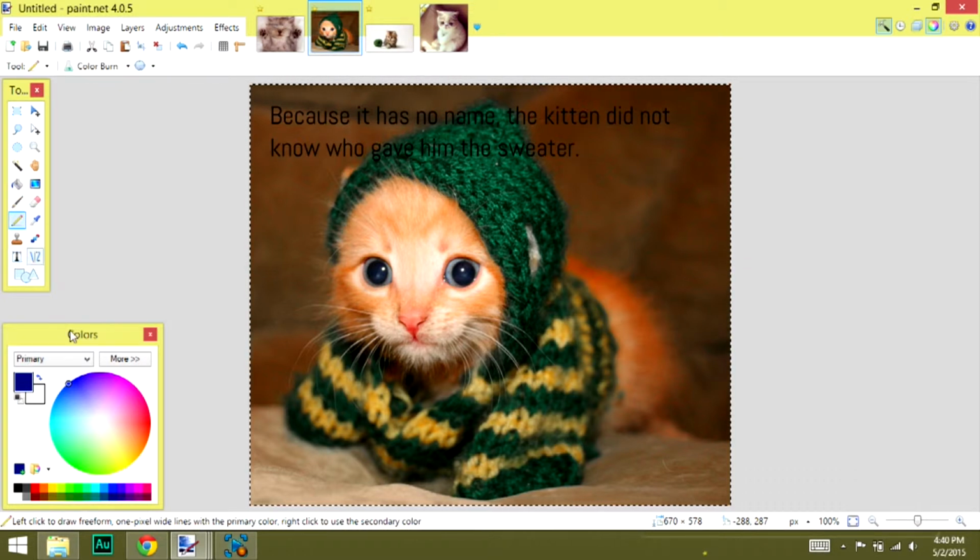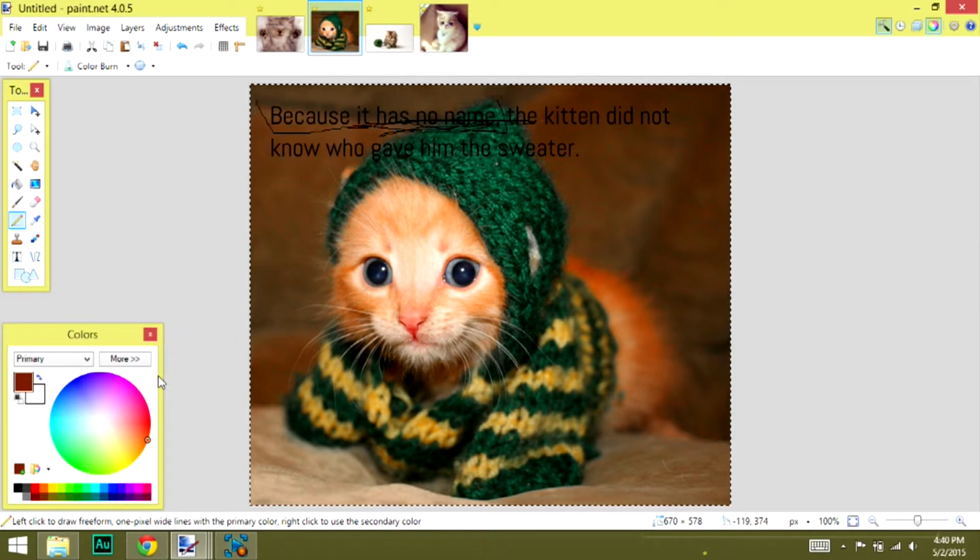Okay, so because it has no name is our subordinate clause. And in this case, it is the subordinate clause because it has what all clauses have, the subject, that being it, and the predicate, has no name. There we go. That's the predicate.